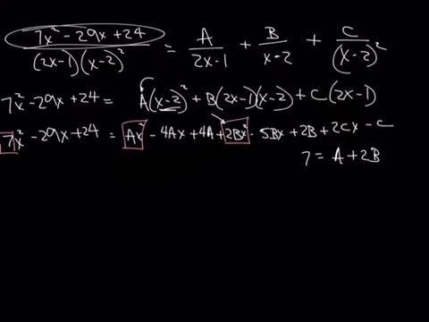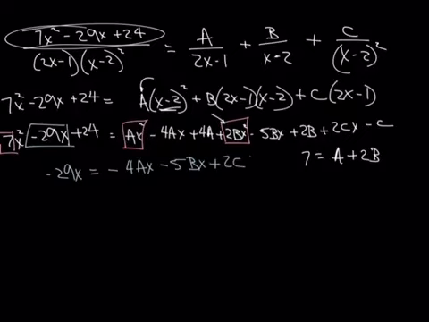All right, let's look at another part of this. Let's look at the 29x, and I use a blue box around that. So negative 29x is found by just the ones with the x's: negative 4Ax minus 5Bx plus 2Cx.